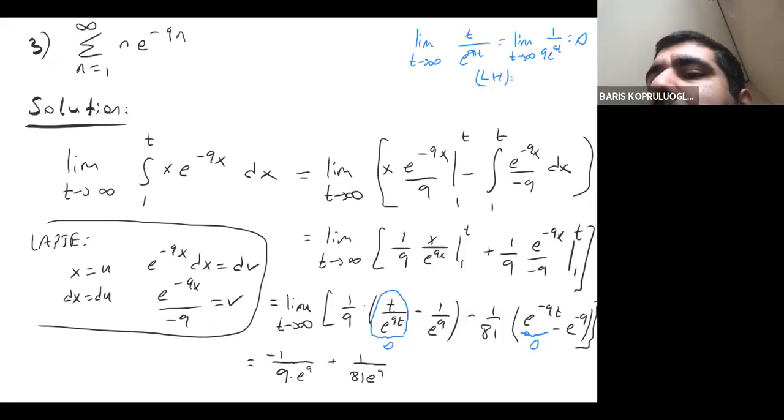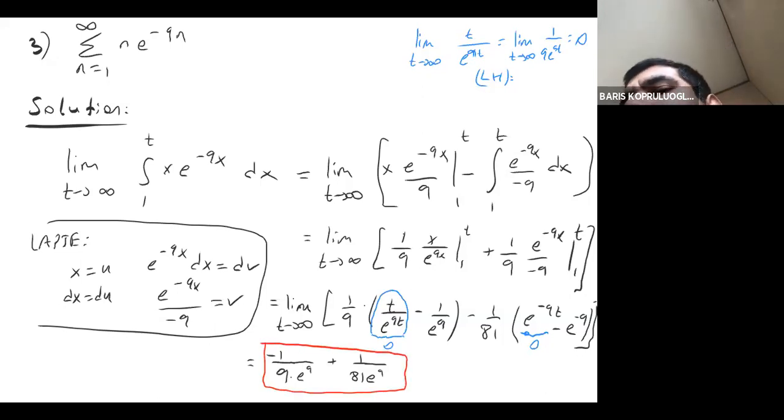And this was a fine answer, but if you simplify that using the same denominator, which you didn't have to, I think you would get 8 over 81 e to the power of 9. But yeah, this is fine. So it's convergent. This is finite, and the integral is convergent.